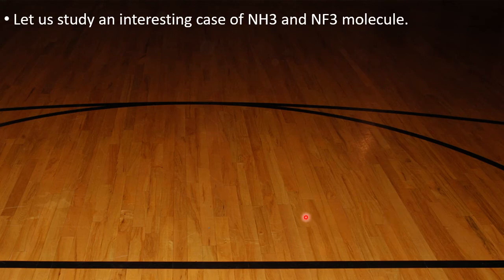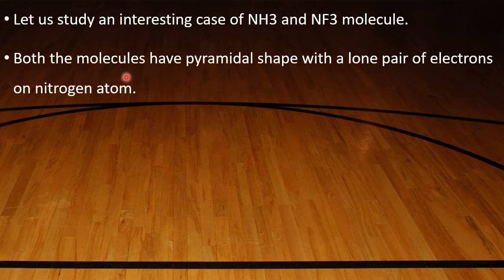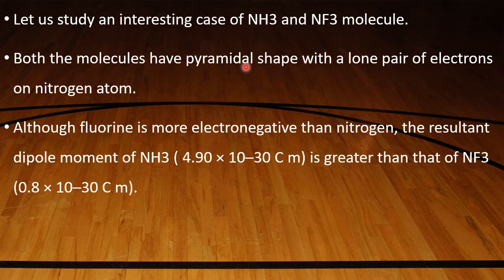Let us study a special case of ammonia and NF3. Both molecules have a pyramidal shape with a lone pair of electrons on the nitrogen atom. Both are compounds of nitrogen. Although fluorine is more electronegative than nitrogen, the resultant dipole moment of ammonia is greater than that of nitrogen trifluoride.